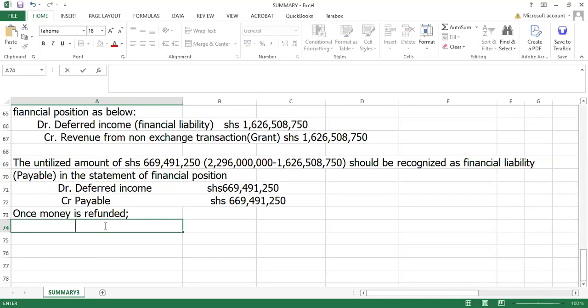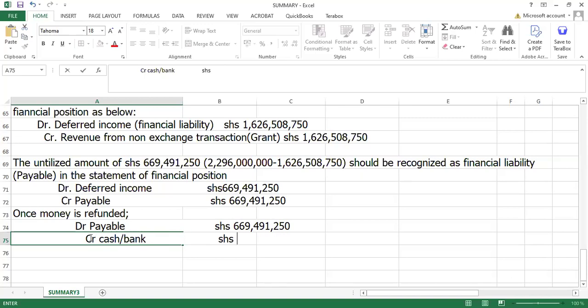The payable. Now you remove that payable. You debit the payable, which is shillings 491,250, and you credit what? The cash. You credit the cash or bank, as you refund the money.